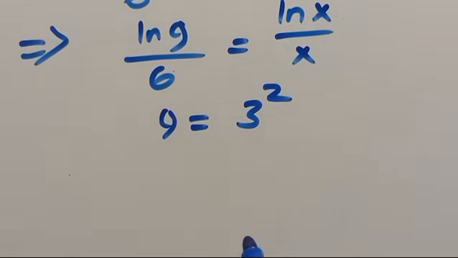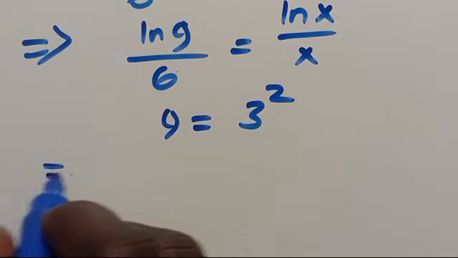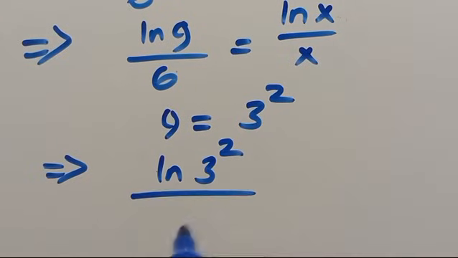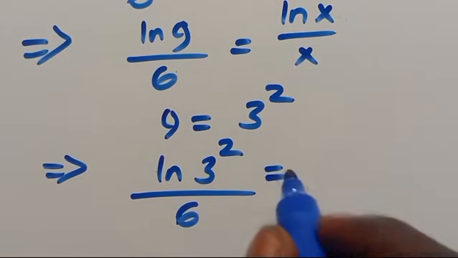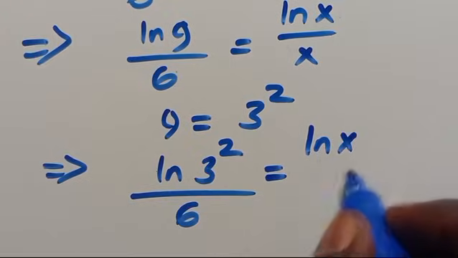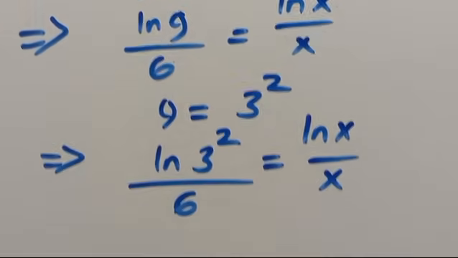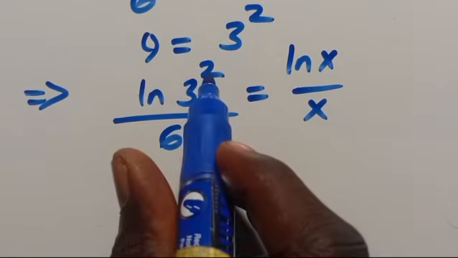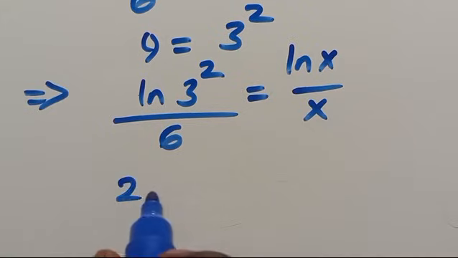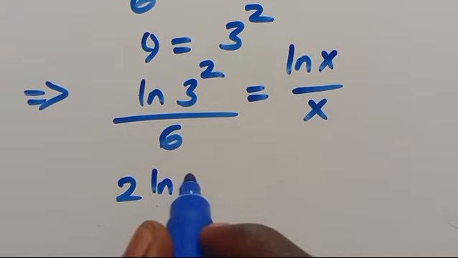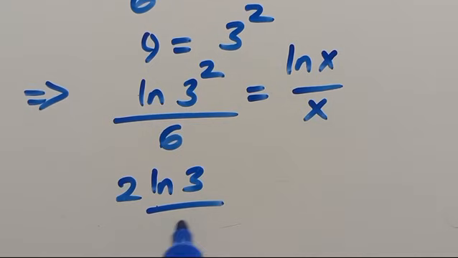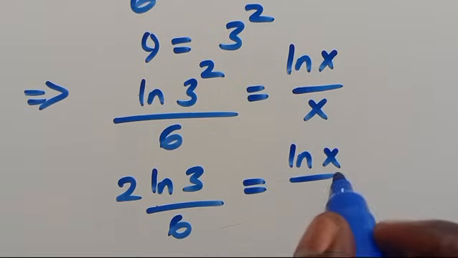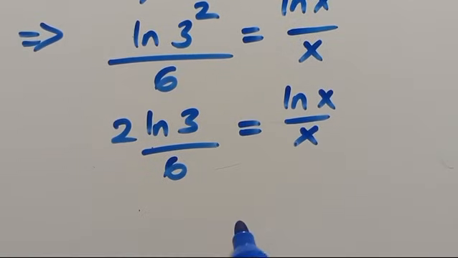So we are going to have this as ln of 3 to the power of 2 over 6 equals ln of x over x. So this power 2 will come down to base, so we have it as 2 times ln of 3 over 6 equals ln of x over x.